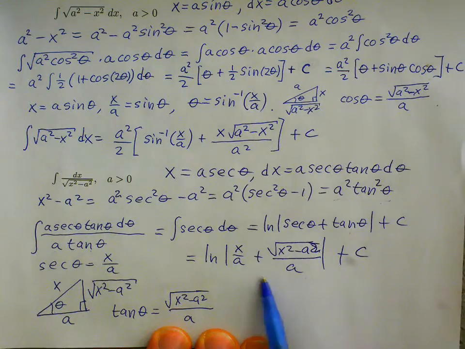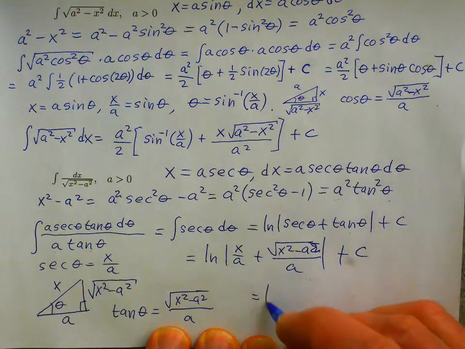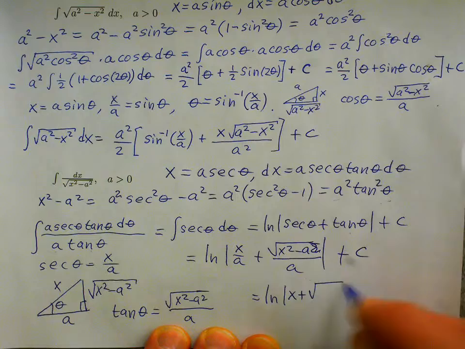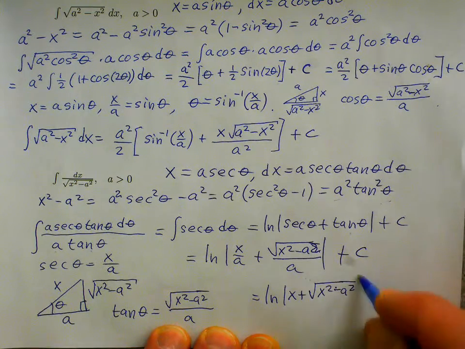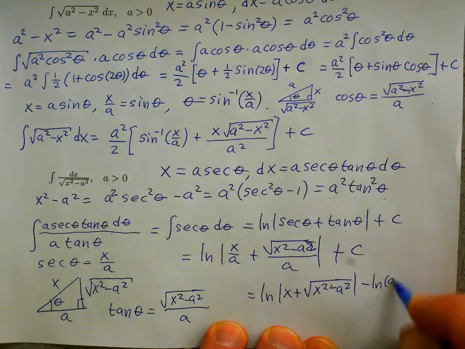and using properties of logarithms, we can write this as the natural log of the absolute value of x plus the square root of x squared minus a squared, minus the natural log of a, plus a constant.